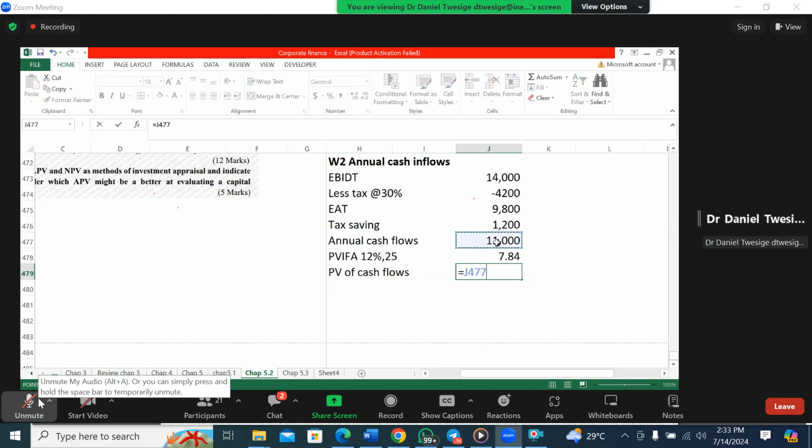I'll have this times this. I have this as my present value of the cash flows. My initial investment is 100.